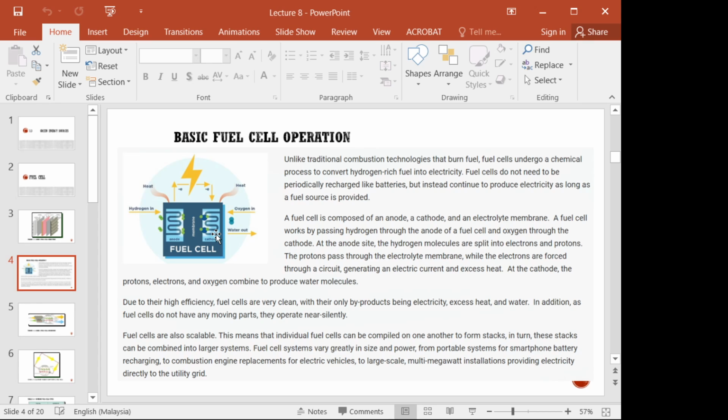We have electrolyte in between, so the protons can pass through the membrane, which has electrolyte, and it goes to the cathode, where the oxygen is supplied, and the H plus combines with the oxygen molecule and will produce water, and water comes out from the cathode.